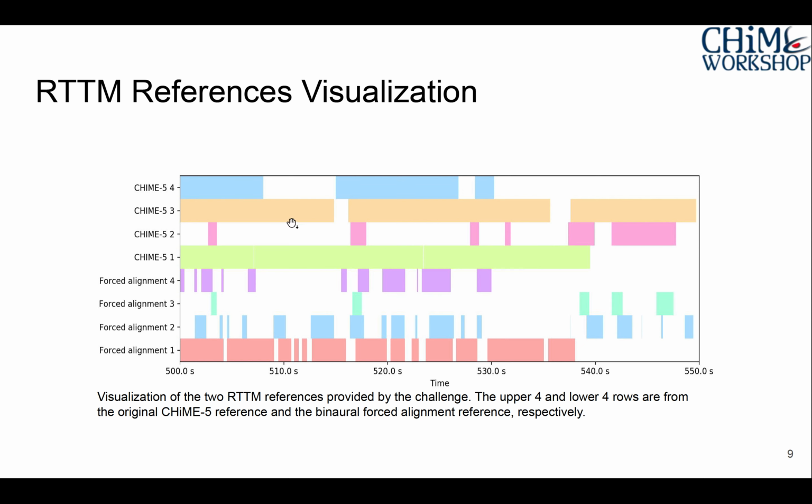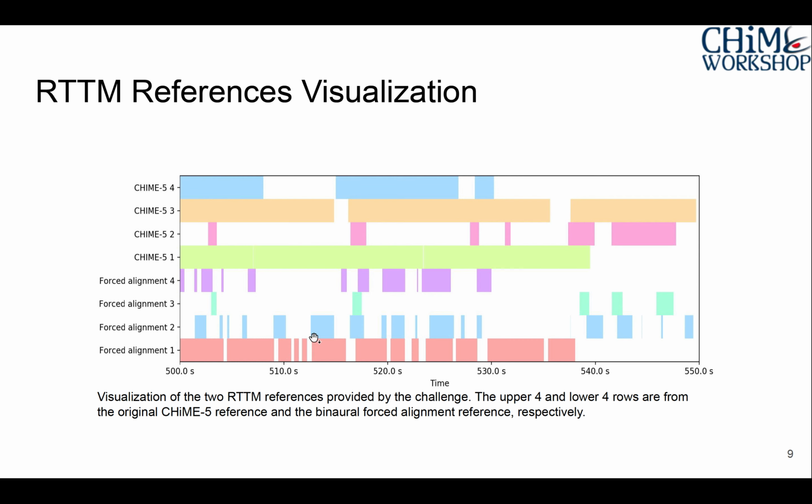So if your diarization prediction regards it as speech here, your diarization performance won't change so much if you use CHiME 5 as a reference.